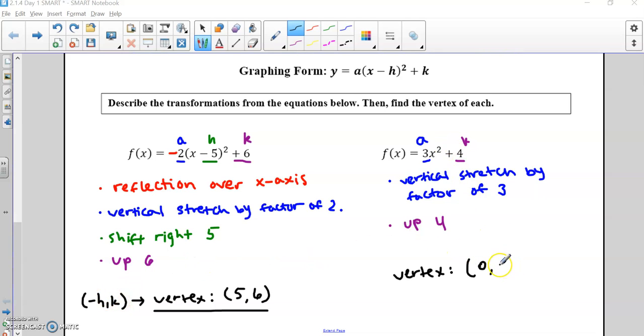But we do have a k, so that's what we put there. H is 0 because there is no h. All right, so make sure you understand how to describe transformations just by looking at these equations.